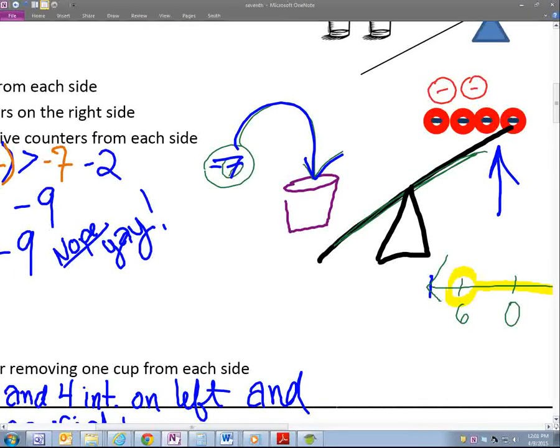If we were to put -2 in here, is -2 higher than -7? Yes.